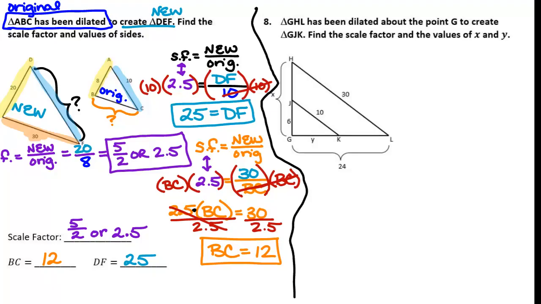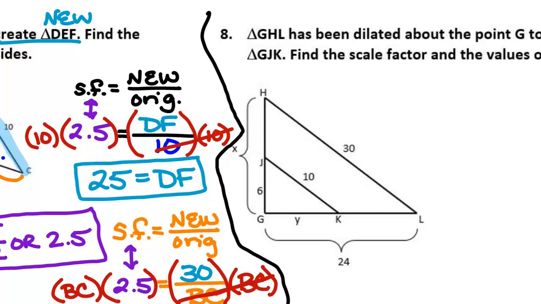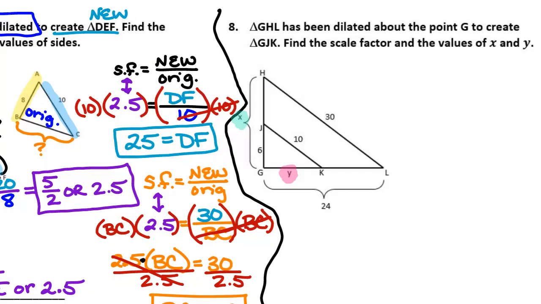We've been asked to find X and Y. X is right over here, and Y is right down here. We have two similar triangles. They're nested inside each other. You guys remember the lake problem, find the distance across the lake that we did several days ago?